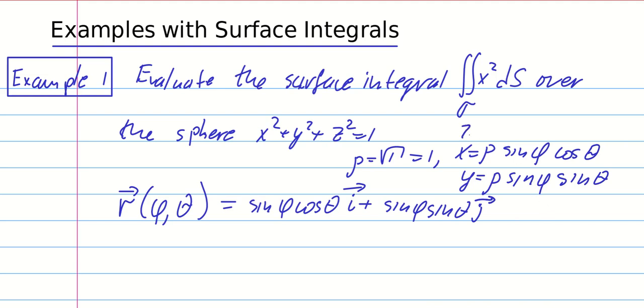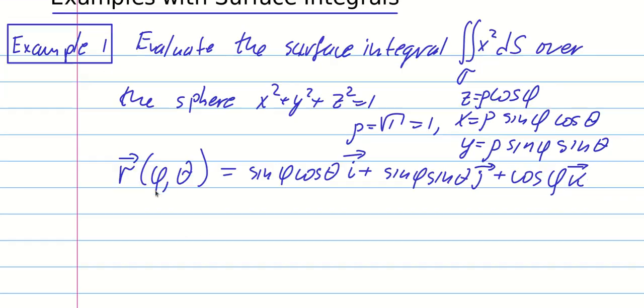And for the z component, it has to be rho times cosine of phi, therefore we get cosine of phi k. So we got this part.